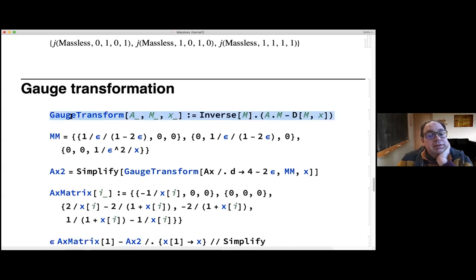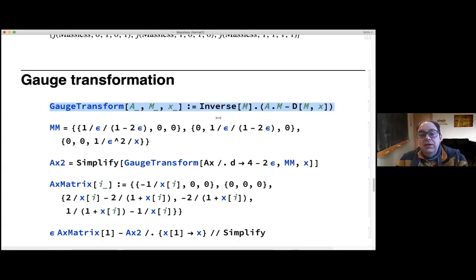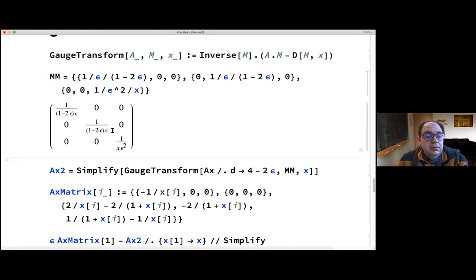I can, however, even make it a bit simpler. Because here you can even reach this canonical form where A1 is 0. So we can do a gauge transformation. So it's m minus 1 times A times m minus the derivative of m. This is the formula we had in the lecture yesterday and also recap today. And let me choose as m this simple matrix here.